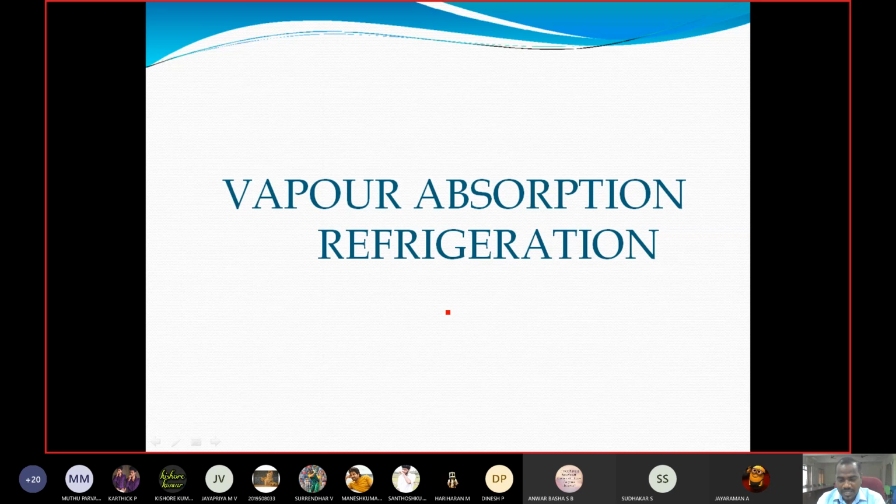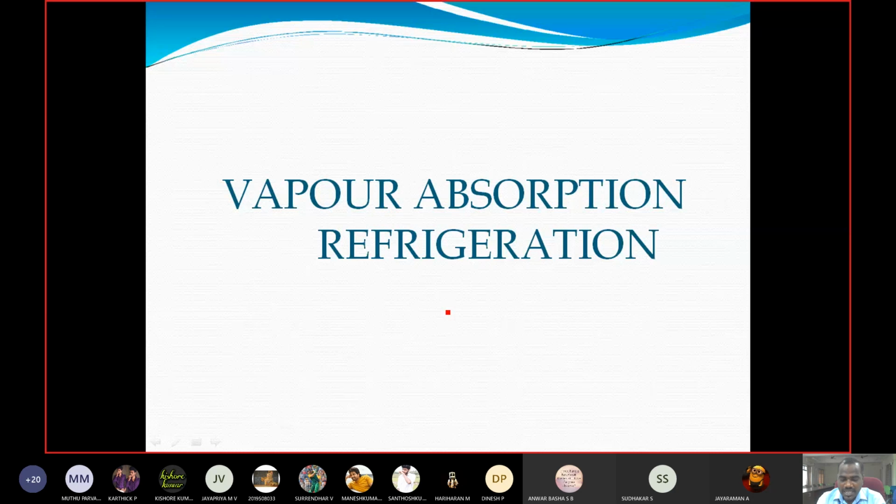In refrigeration, we have different types. The first type is VCR, the vapor compression refrigeration system. With this system, we have different components like compressor, condenser, evaporator, and expansion valve. With this, we can control the COP of the refrigerator and also produce the refrigeration effect.